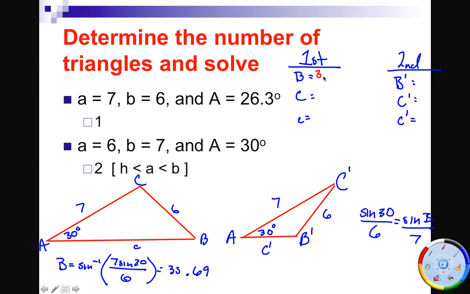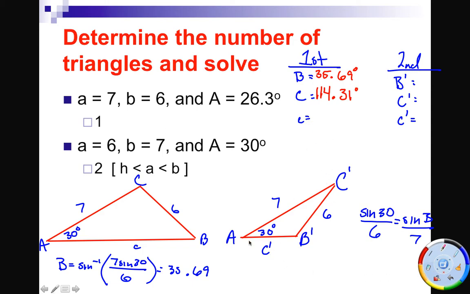I am solving this one fully because you guys need to know how to do this. To find the third angle, I just subtract from 180. So 180 minus 30 minus that angle I just found, I get 114.31.